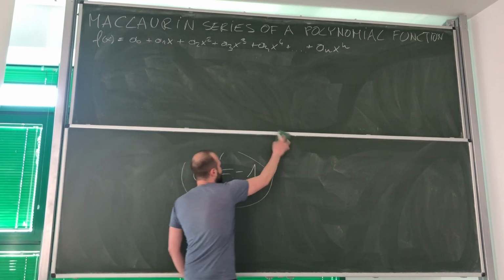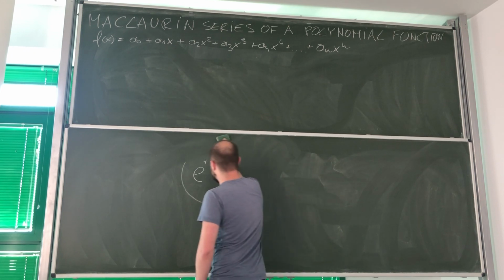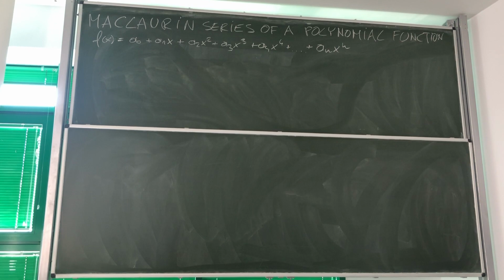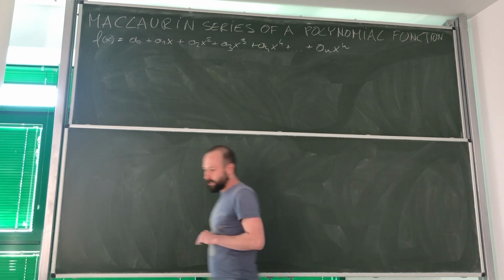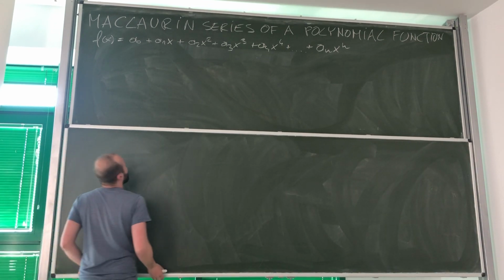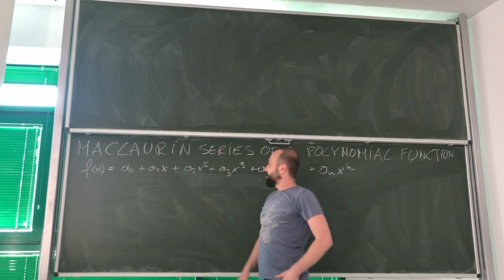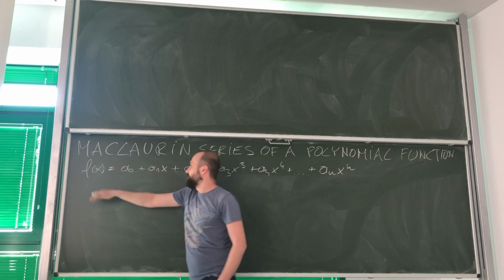But of course, look, before we get to this, we need to start somewhere. And we're going to start with Maclaurin series of a polynomial function. Okay, so look, here we've got the polynomial function.